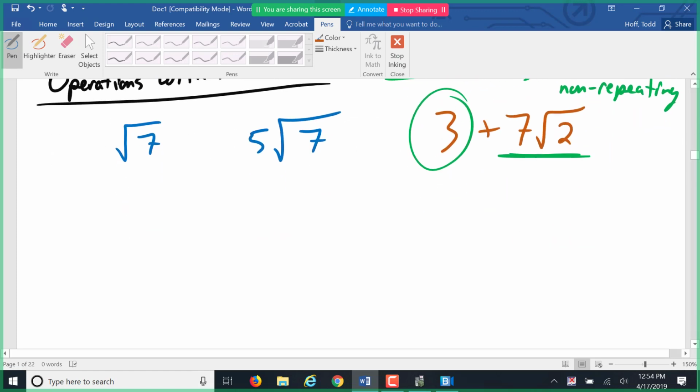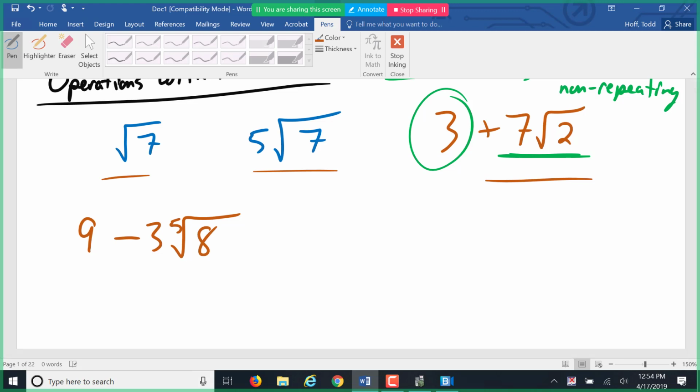And of course, it doesn't have to be square roots like we have here. We're going to do a lot of work with square roots because they're the simpler ones to work with, but it can be other roots. We might have 9 minus 3 times the 5th root of 8. That is an irrational number, a radical expression. We can mix several roots into one.